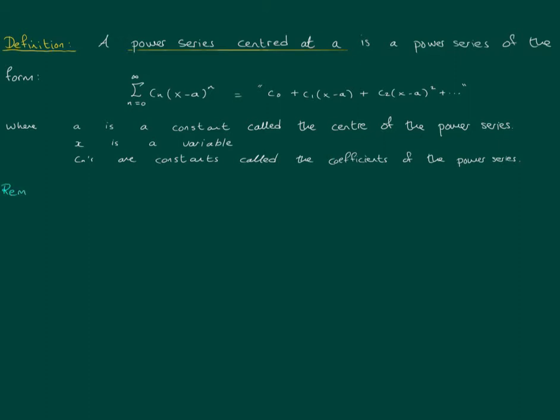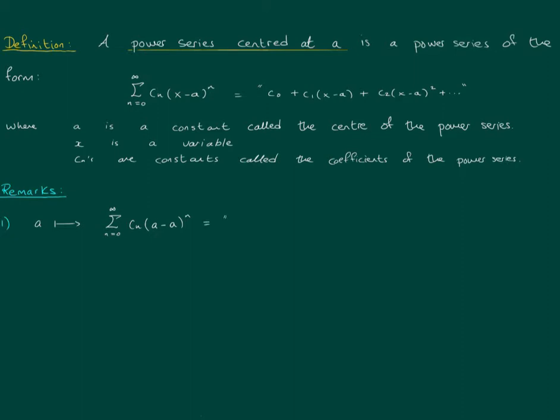Okay, so remark one. If we think about this as a function, which we've done before, in exactly the same way, if we plug in a for x, what do we get? We get the sum of c_n times a minus a to the n.